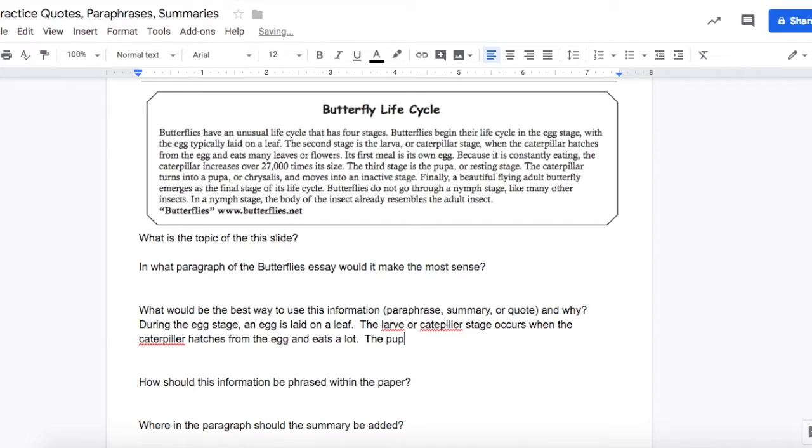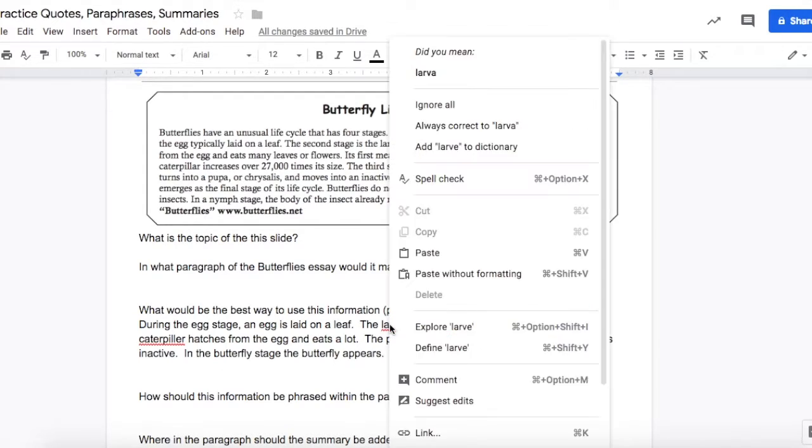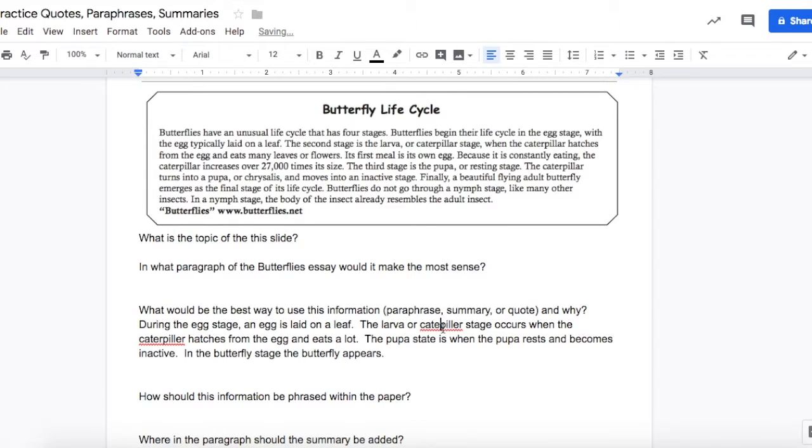The pupa stage is when the pupa rests and becomes inactive. In the butterfly stage, the butterfly appears. Okay, so there's my summary. We're going to fix the spelling issues because I was typing quickly.